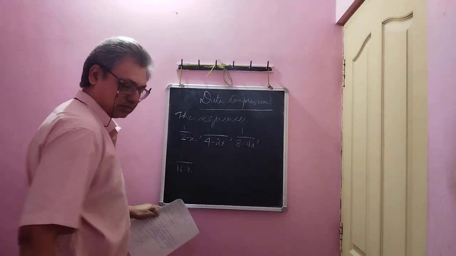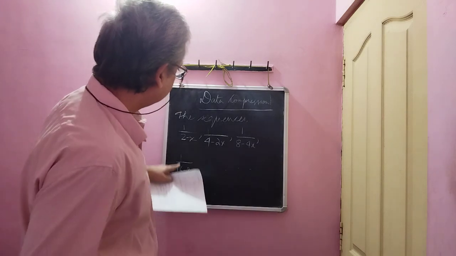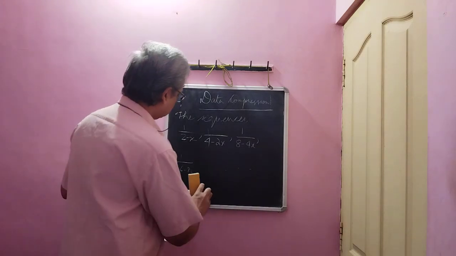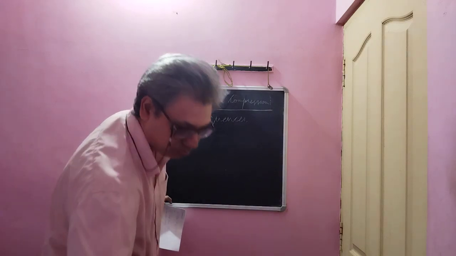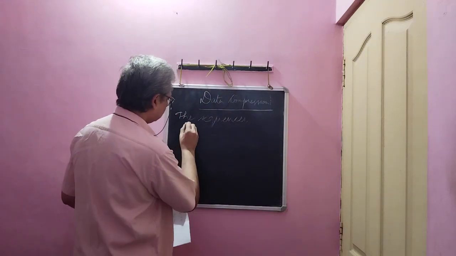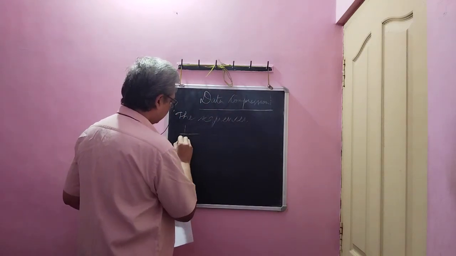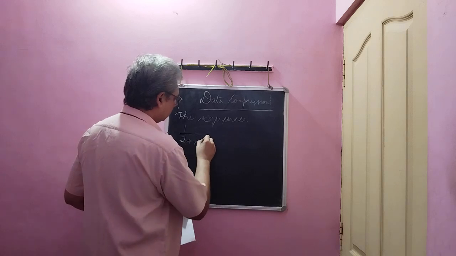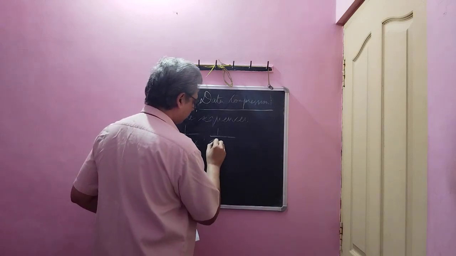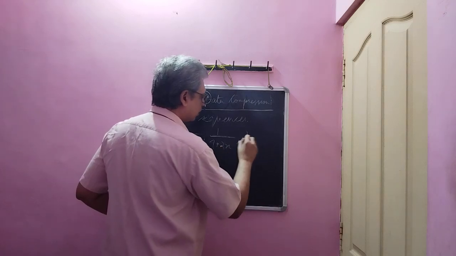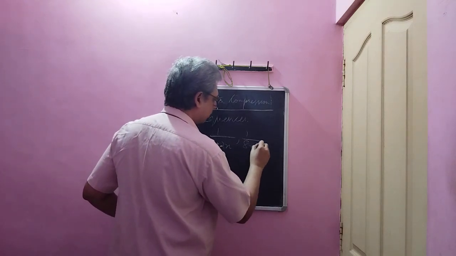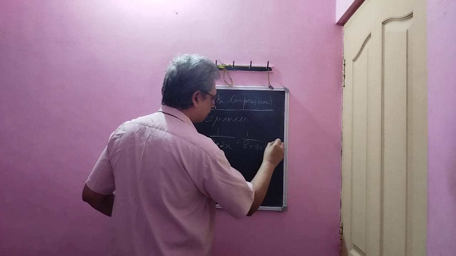This sequence has also the other side of it, which is 1 by 2 plus x, comma 1 by 4 plus 2x, comma 1 by 8 plus 4x, comma, and so on.